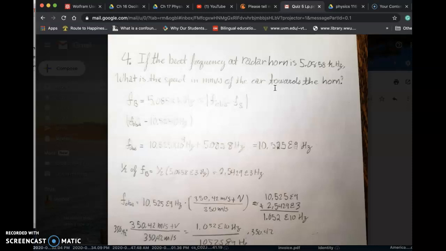And from there, we know that the F observed is the original frequency times (350.42 plus V) over 350.42, which is equal to the original frequency plus half the beat frequency, which is 1.052 E10 hertz.